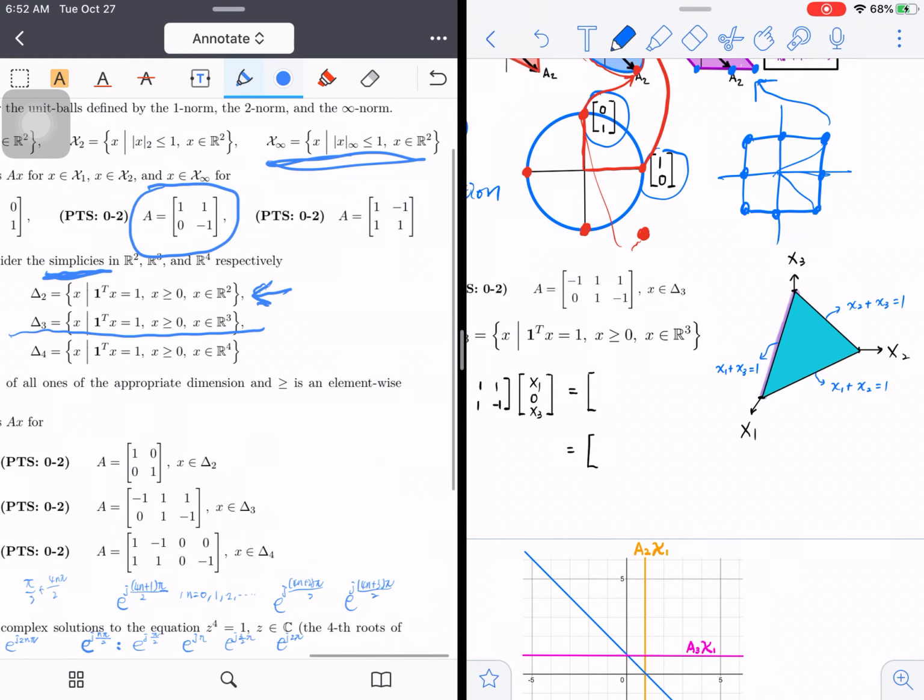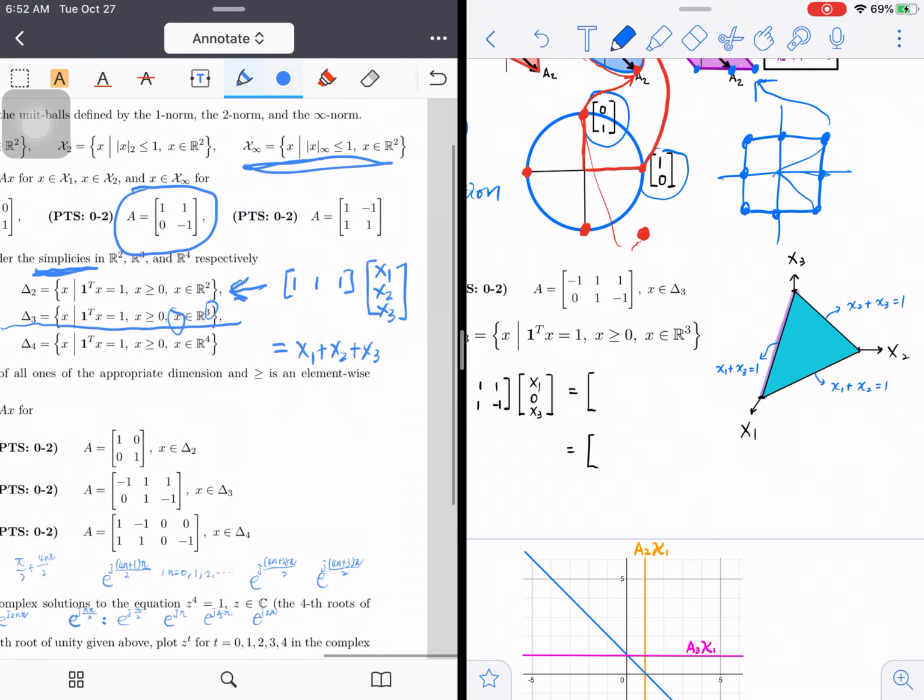So it says 1 transpose x equal 1. What does this mean? This means that 1 1 1, because this x is in 3 dimensions, so this is x1 x2 x3, and you get x1 plus x2 plus x3 equal 1.